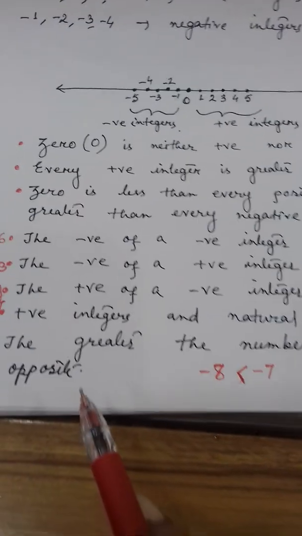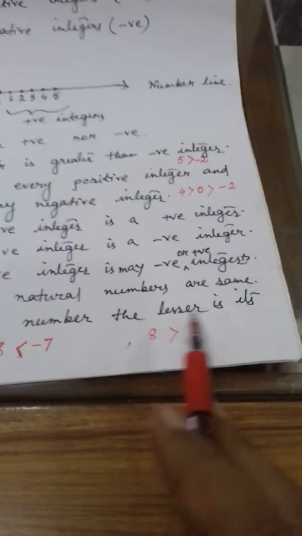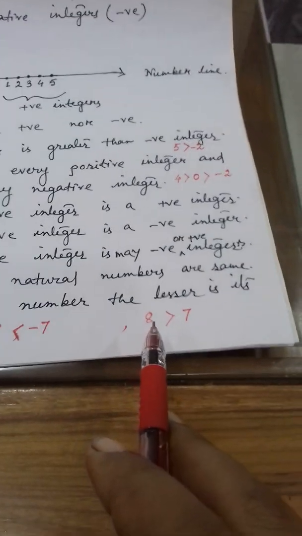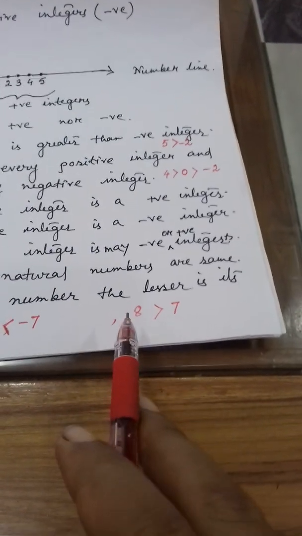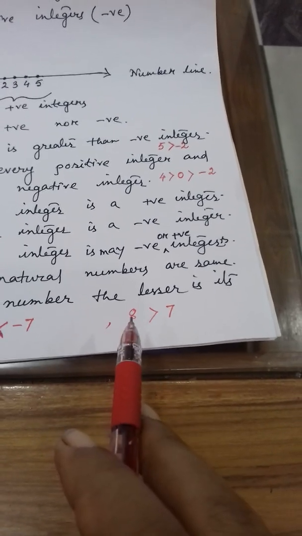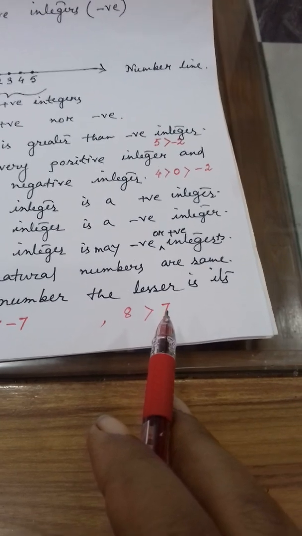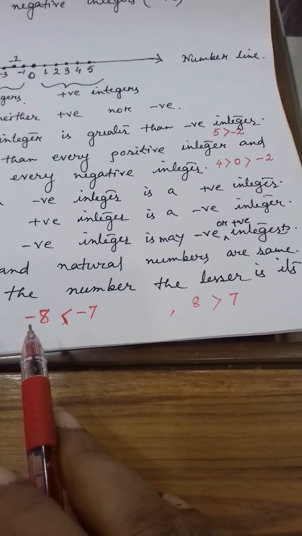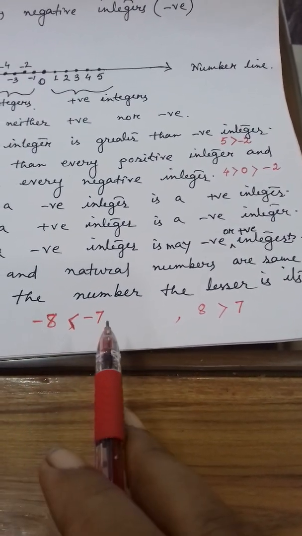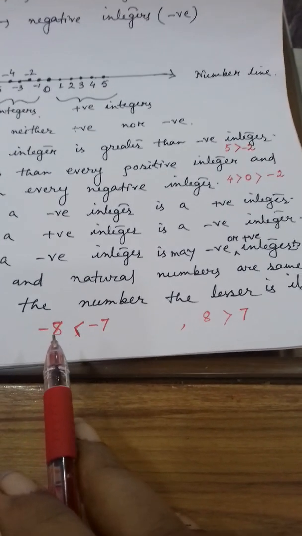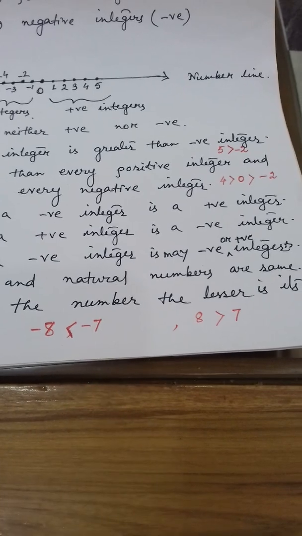Clear? Next, the greater the number, the lesser is its opposite. Suppose you take both positive integers 8 and 7, then 8 is automatically greater than 7. Yes or no? But if you take both 8 and 7 as negative integers, then -8 will be less than -7.